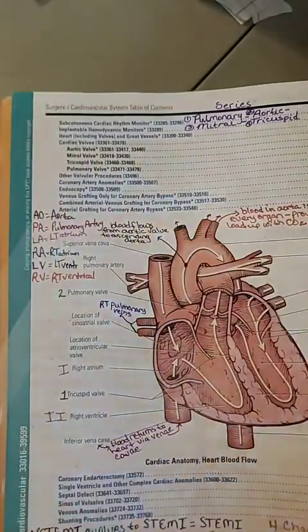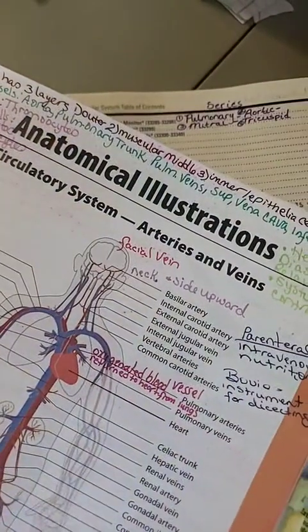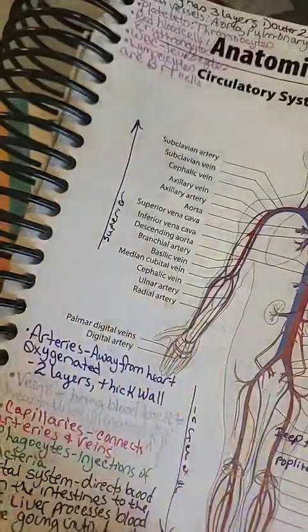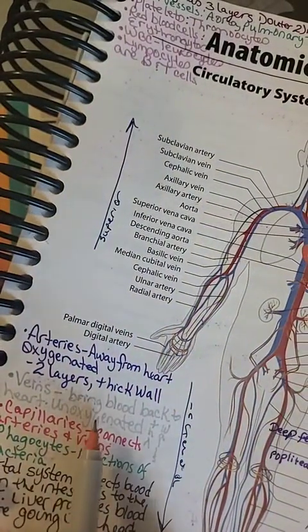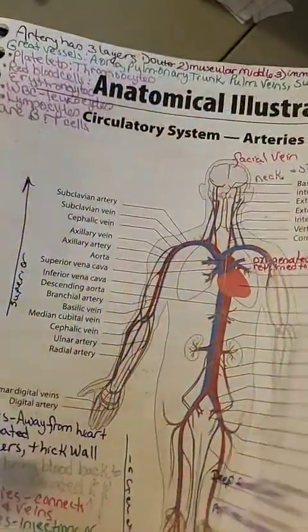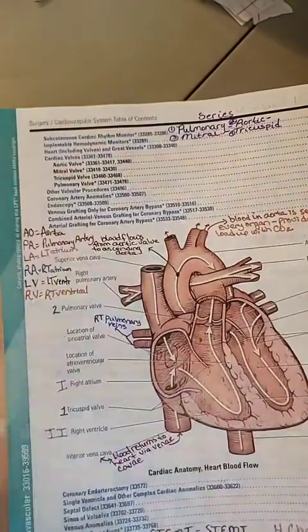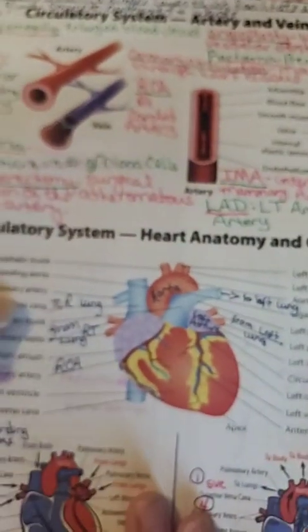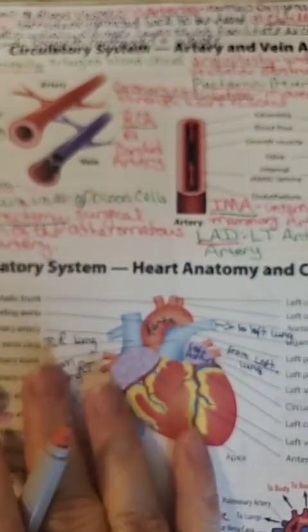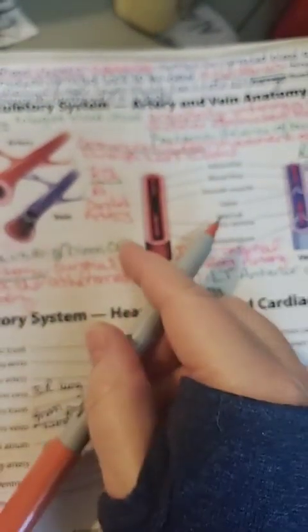I am just Googling it, and then I'm also looking at my prior notes from 2018, 19. See, arteries have layers, thick walls, veins bring oxygen back from the blood, capillaries, all this stuff that I wrote way back in the day. Years and years of doing all this. Come on, focus.